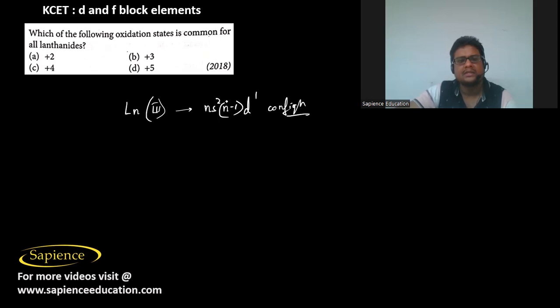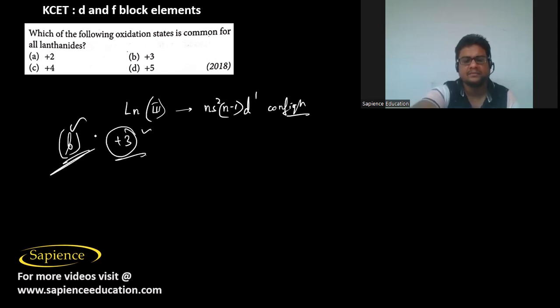So hence they can lose 3 electrons. Maximum they can lose 3 electrons. So it means that the +3 oxidation state is the most common state for all lanthanides. So option B is the correct answer.